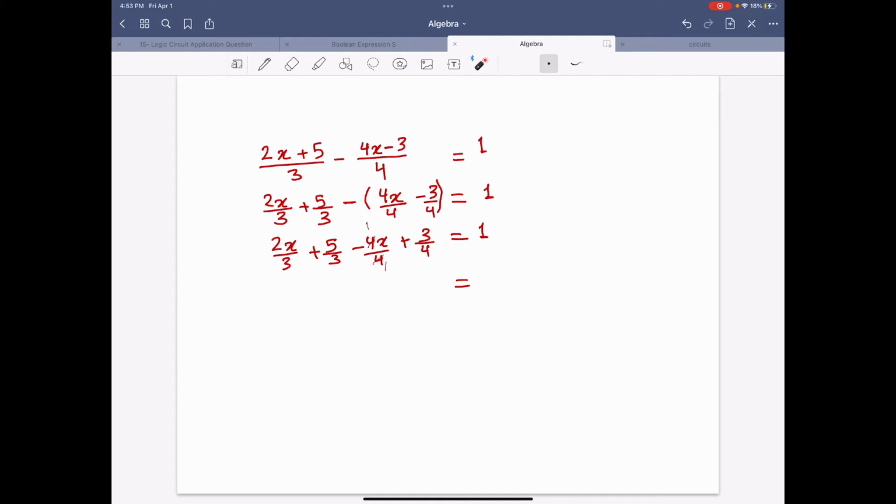Okay, so if you decided that you want all your constants on this side, so you're moving all the constants on this side so that eventually you can add them or subtract them. And that's what I want to do. So I'm going to take my constants and move them this way. They both happen to be a positive, so I can make them a negative when I move them to the other side.